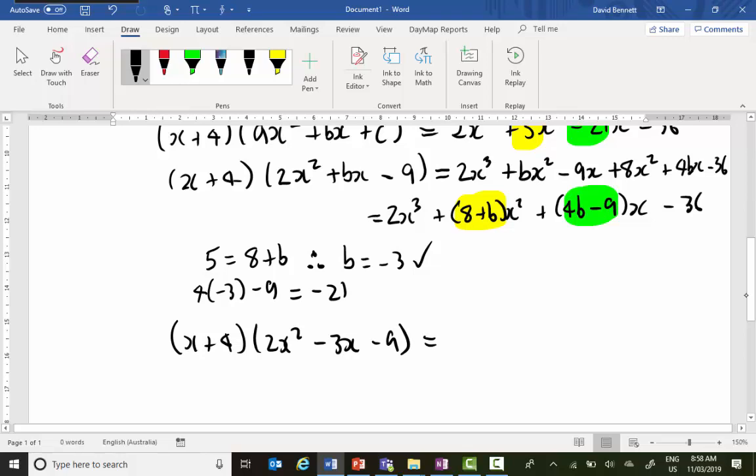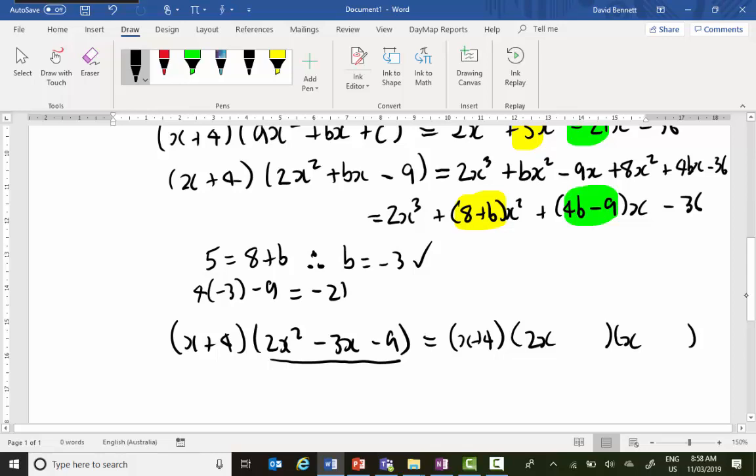Now really it comes down to factorising a quadratic, and that's why the factorisation of quadratics is so important. So, x plus 4, well, I know 2x squared is going to be 2x and x. I know 9 is going to be either 9 and 1 or 3 and 3.